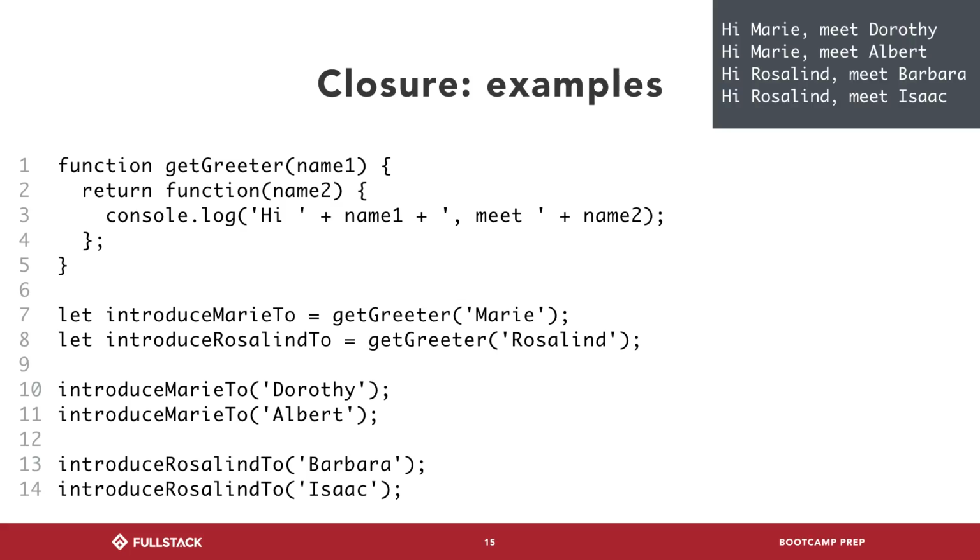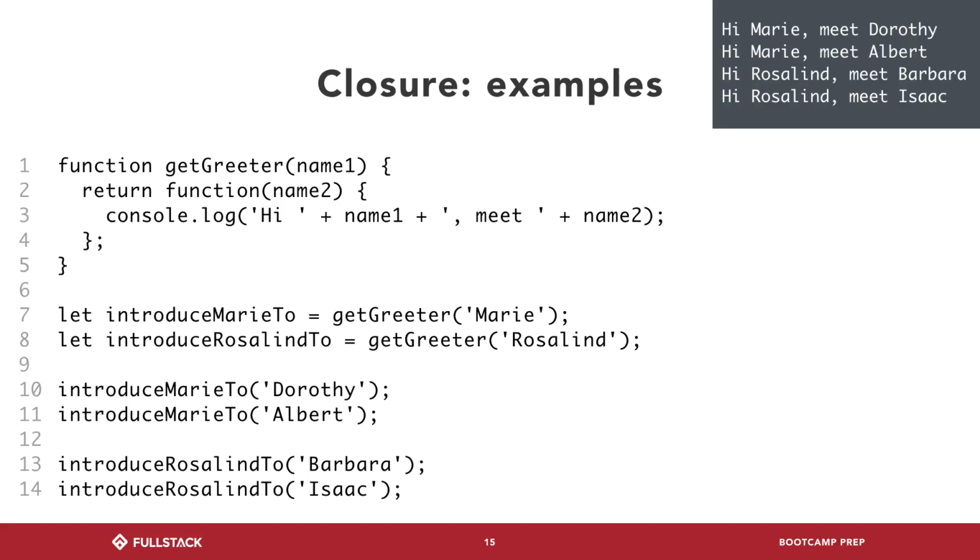And so now that we have that, notice how on lines 10 through 11 and then 13 through 14, we're saying introduce Marie to, introduce Rosalind to. We're now able to create some pretty extensible functions here, right? Introduce Marie to is always going to memorize that your name1 is Marie, right? If I was to write this function without closure, I would need to take in 2 arguments.